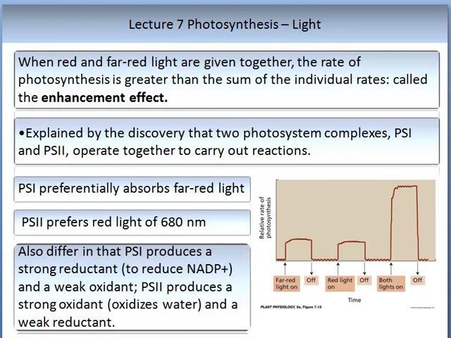As we said previously, Photosystem 1 prefers the absorption of far red, while Photosystem 2 prefers the absorption of red light at 680 nanometers. Also, Photosystem 1 produces a strong reductant and a weak oxidant. Photosystem 2 produces a strong oxidant and a weak reductant.